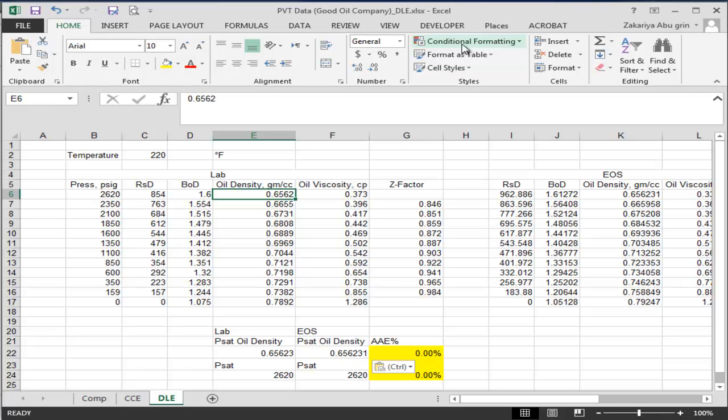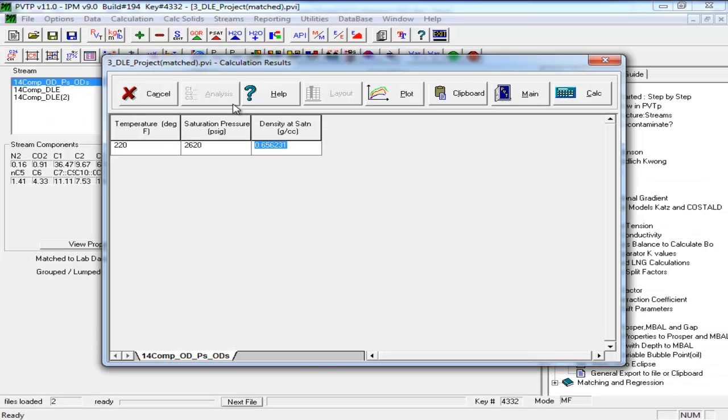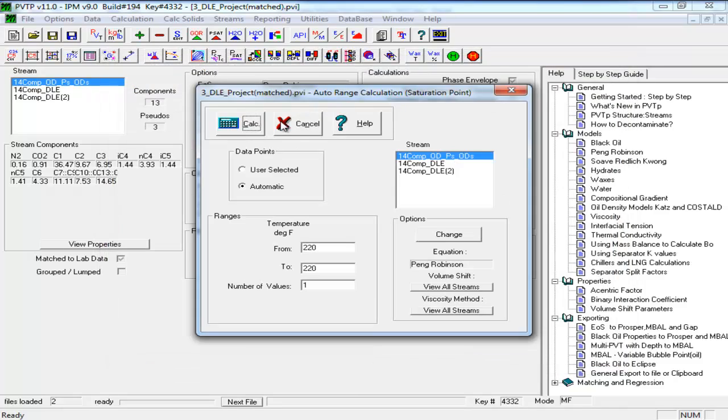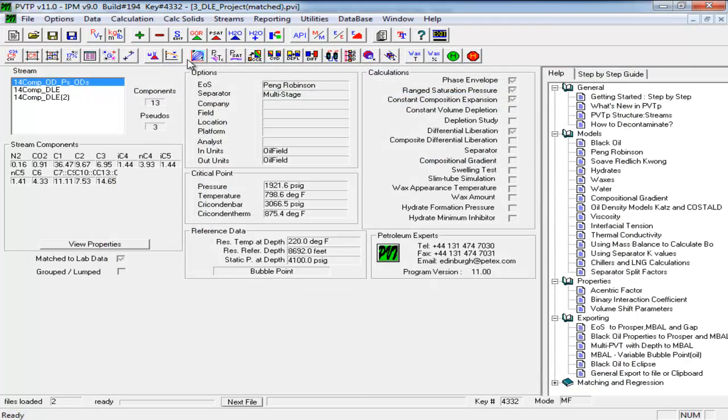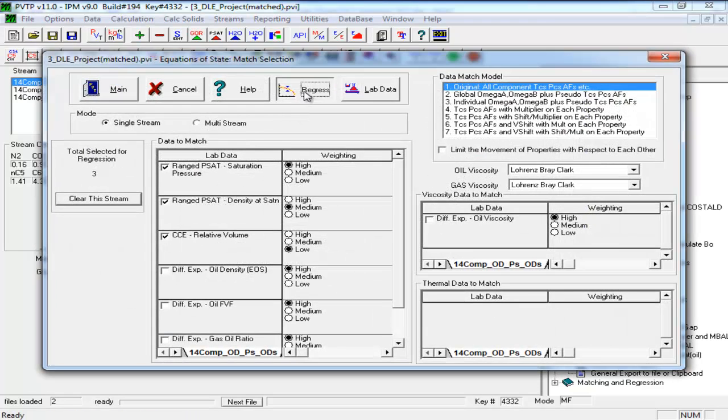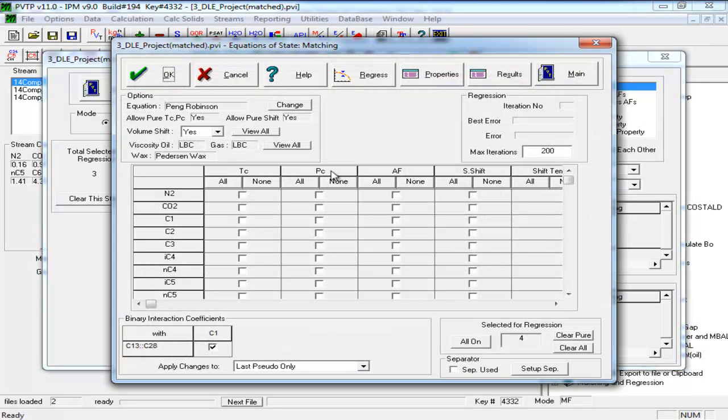But what are parameters? Are they different? Yes. Parameters are not exactly the same as properties. Parameters are the ones I use for the tuning. So when I do tuning, when I go to regression, these are the parameters which you see here: TC, PC, acentric factor, volume shift, binary interaction coefficient.